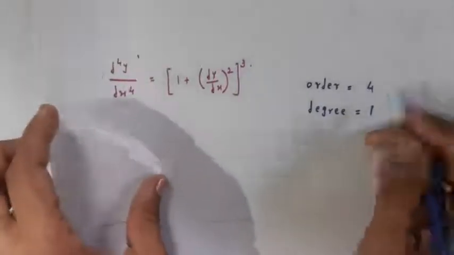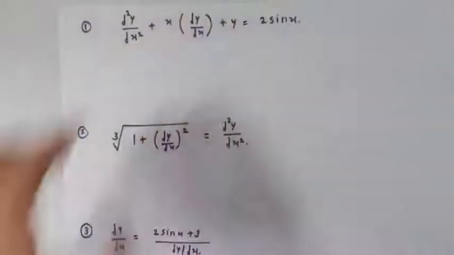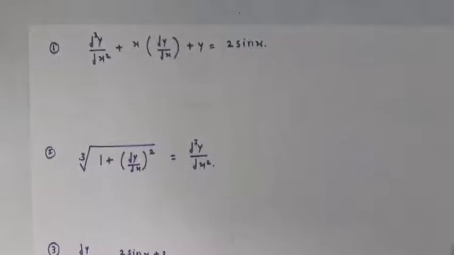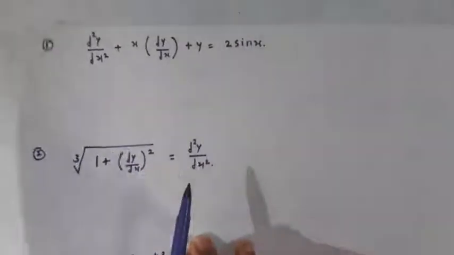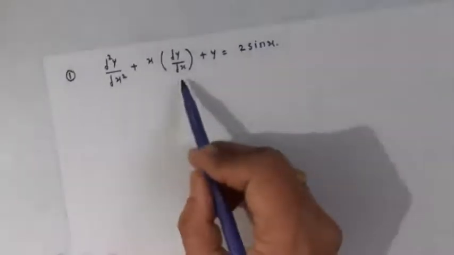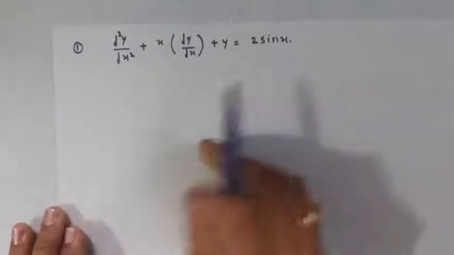Okay, now the next differential equation is d2 square y by dx square plus x into dy by dx plus y equal to 2 sin x.